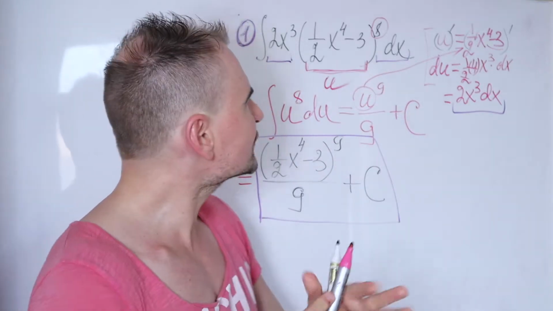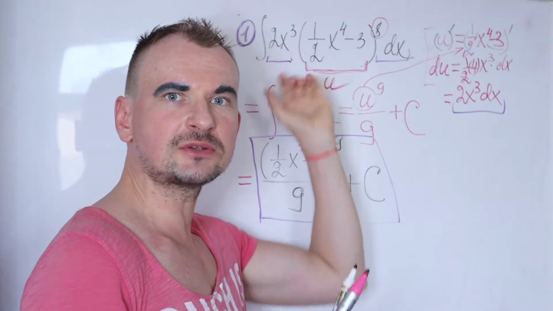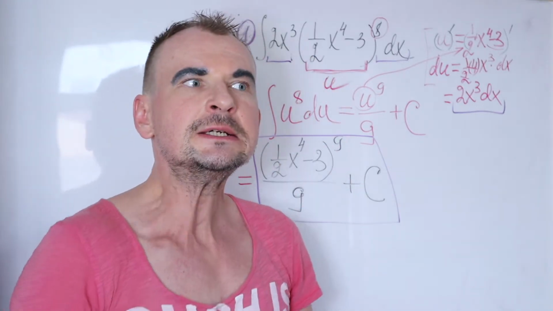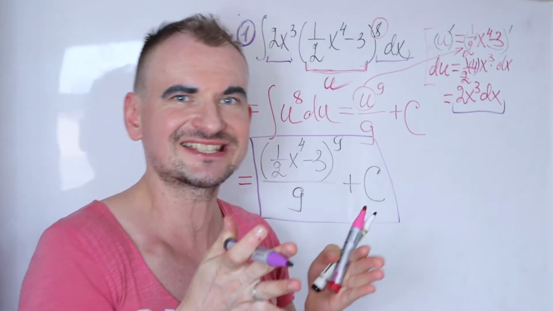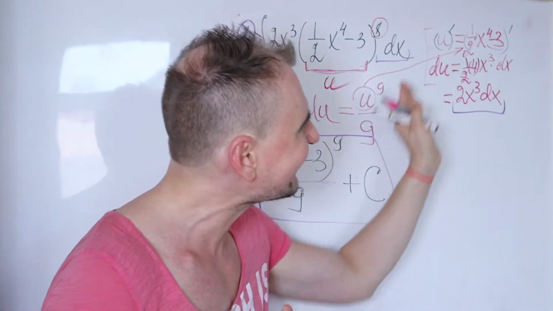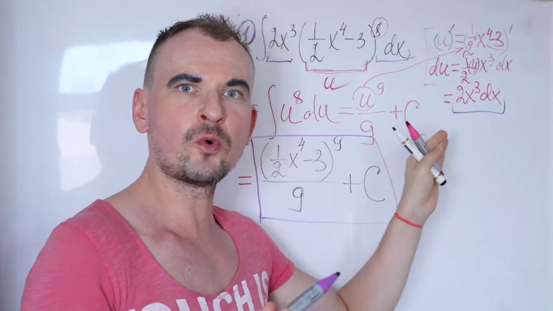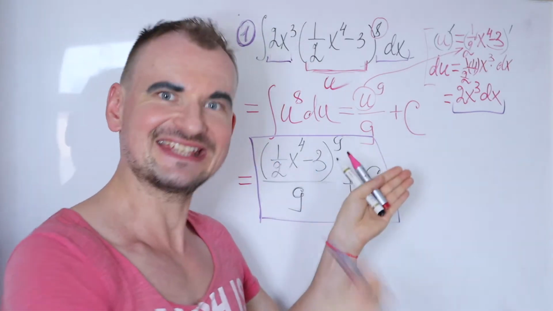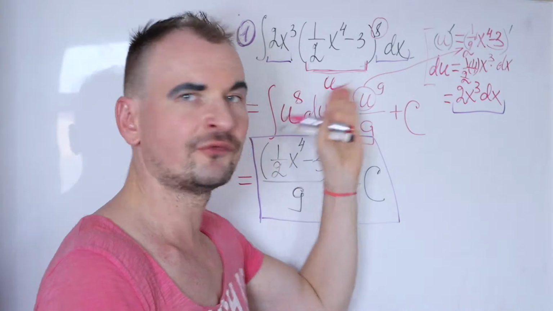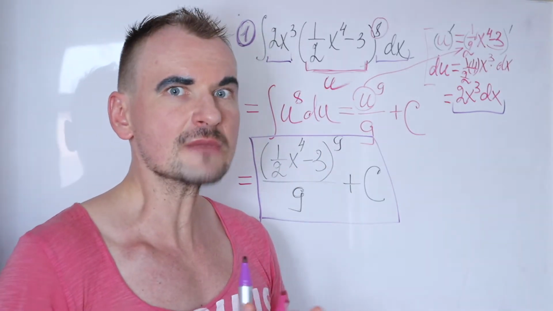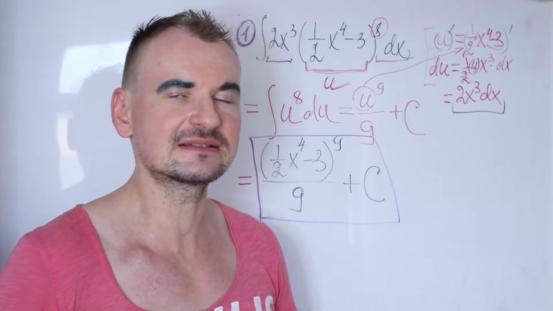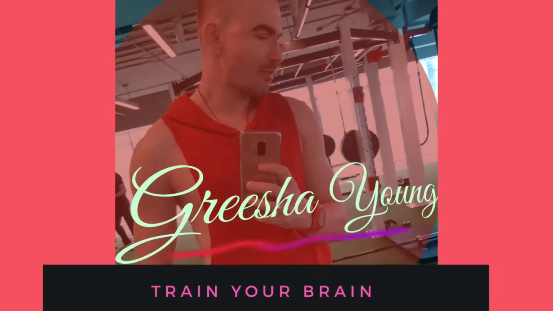But sometimes you have either a constant or a negative sign, and you have to convert, transform, or rearrange your du in order to make it fit. These examples are coming up.